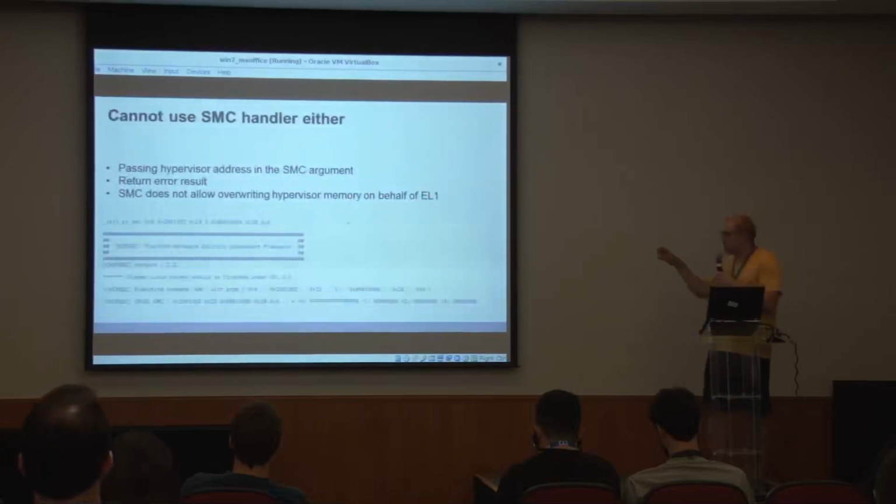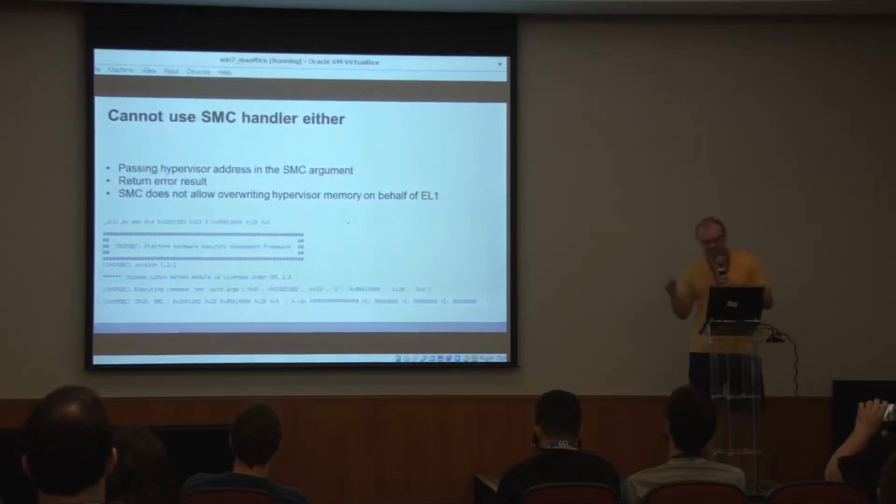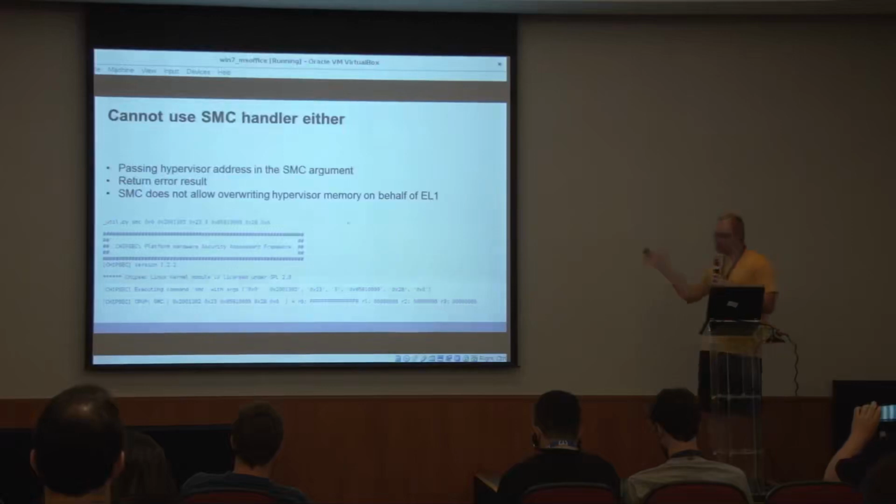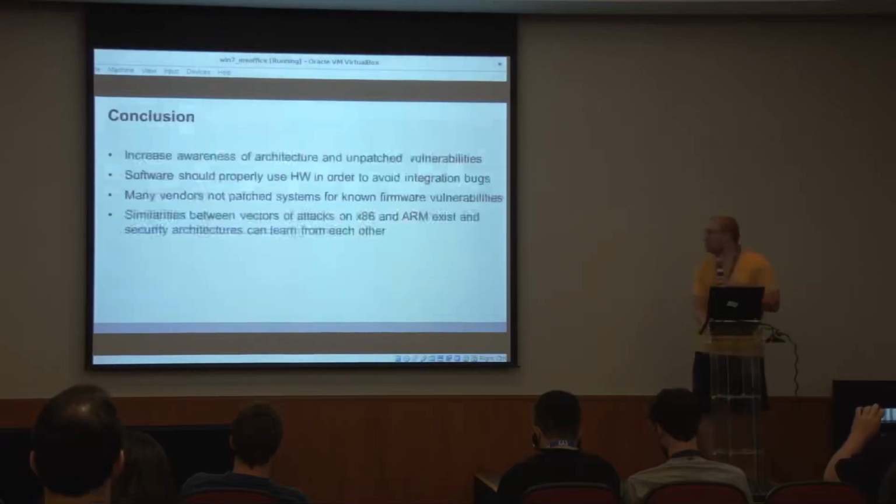It's also not applicable through SMC handlers. If you pass the address of the hypervisor to the SMC handler, it will have the proper check. As a result, there are still two generations of phones which are vulnerable and not fixed at all. The fix was just in the next release. They just changed the architecture.